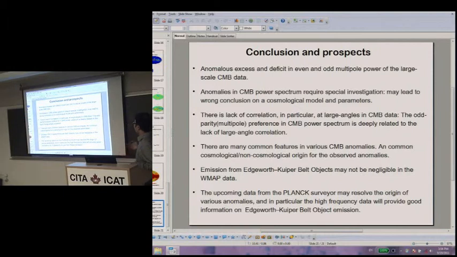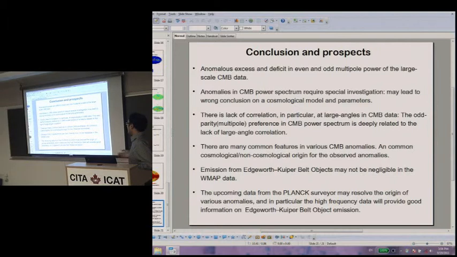But we find the odd-parity preference is deeply related to the lack of large angle correlation. There are many common features in the various anomalies, so it gives a hint that there might be a common underlying origin of all these anomalies.